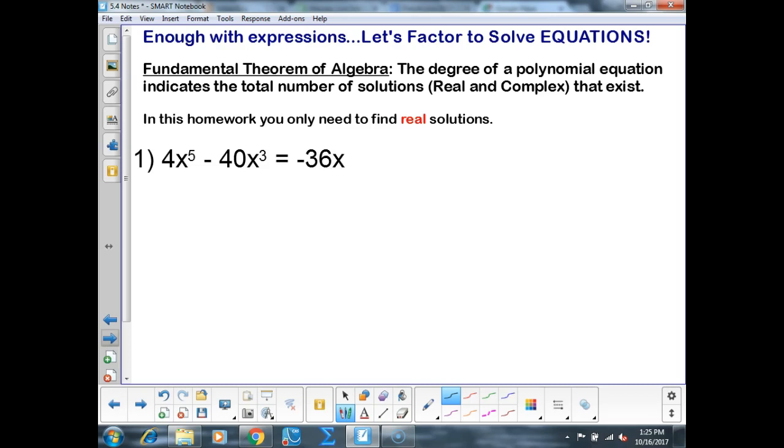That's the biggest exponent. The biggest exponent is going to tell me how many solutions, real and complex, I get in an equation. So this first example, how many solutions should I get? I should get 5 solutions because the degree is 5.